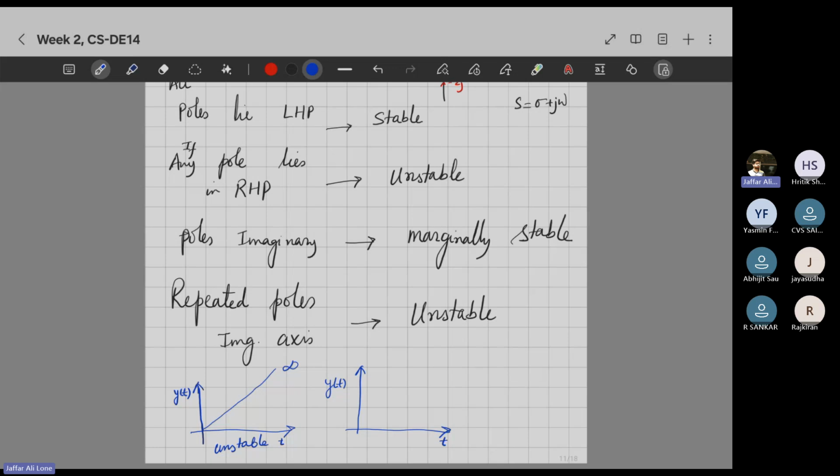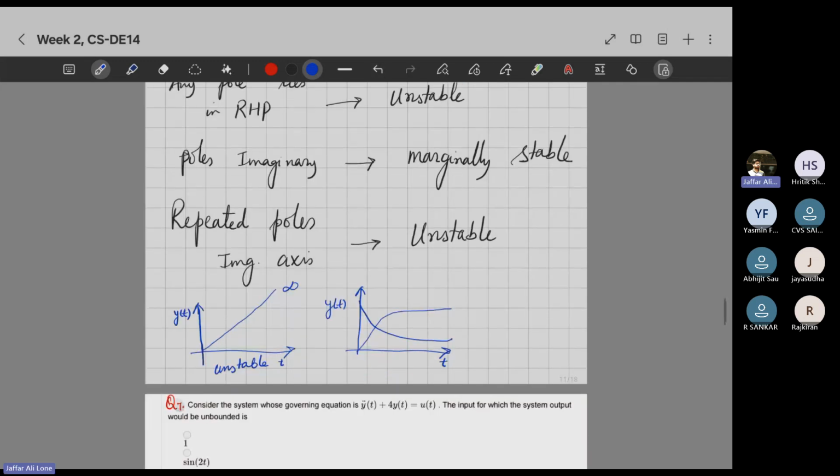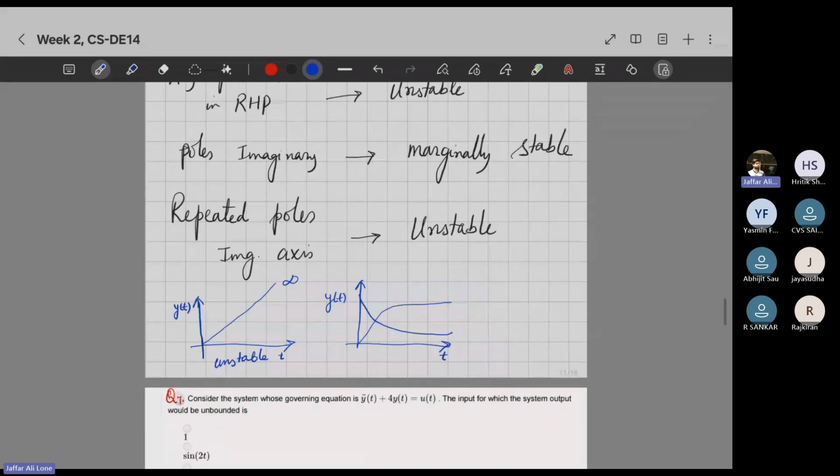If I gave some input, it will settle down to some value, right? Or it will settle down to 0 as well, no problem in that. So a stable system settles down to a value, that has a finite output.